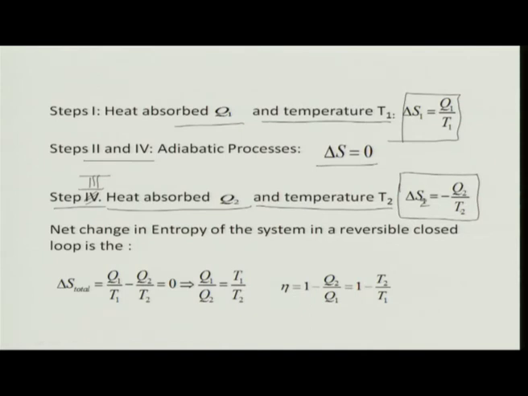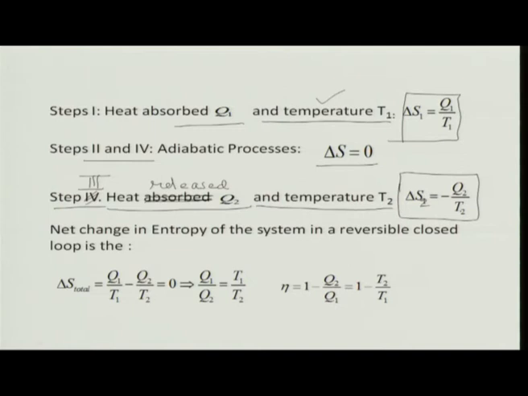So, in step 1, heat absorbed, entropy change delta S1 is Q1 by T1. 2 and 4 adiabatic processes, delta S is 0. Step 3, heat released. I wrote absorbed because I gave a minus sign here. Let me clarify, heat released Q2 at a temperature T2, delta S2 is minus Q2 by T2.